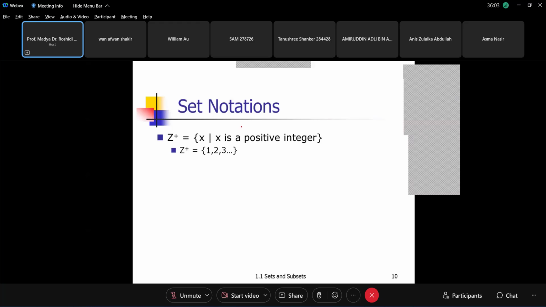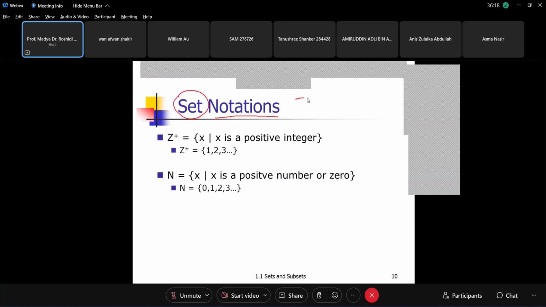Okay, notation. Now we talk about notation in sets. There are a few types of notation in sets. For example, once we put Z, it means integer.